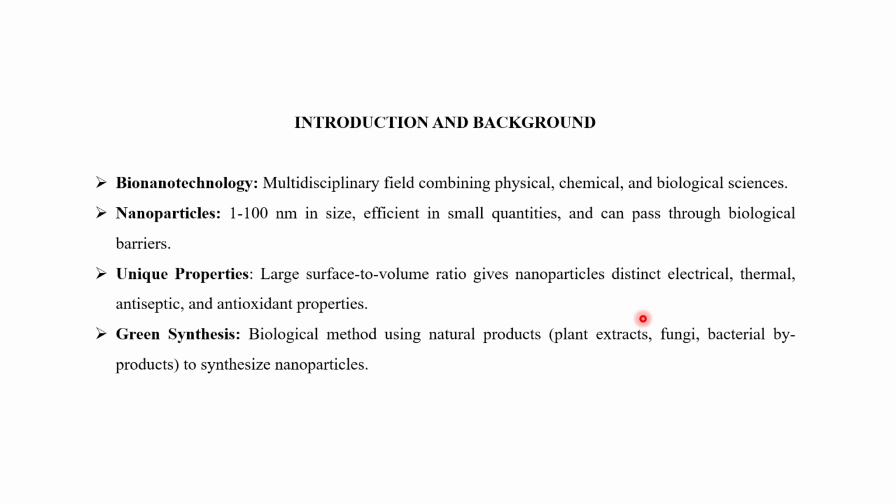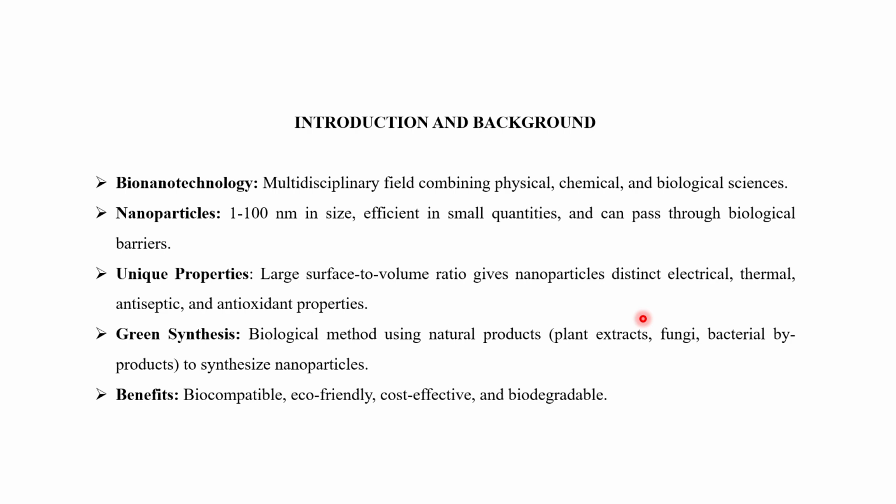We have different types of synthesis methods, but green synthesis is more natural and is also called the biological method, and it uses natural products such as plant extract, fungi, bacterial byproducts, etc. The benefits of biologically synthesized nanoparticles are that they are biocompatible, eco-friendly, cost-effective, and they can degrade in the environment.